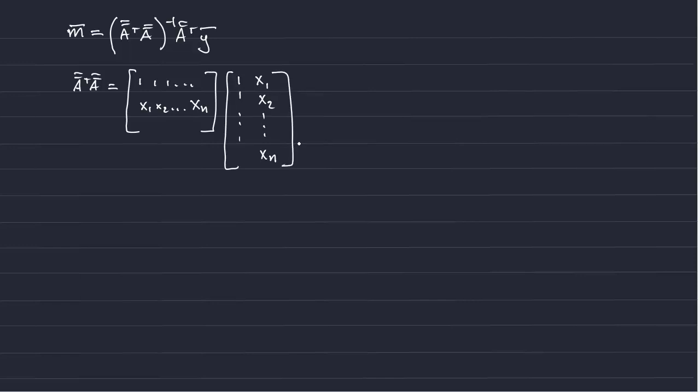When we multiply that out, we have a 2 by n matrix times an n by 2 matrix, so we'll get a 2 by 2 matrix.